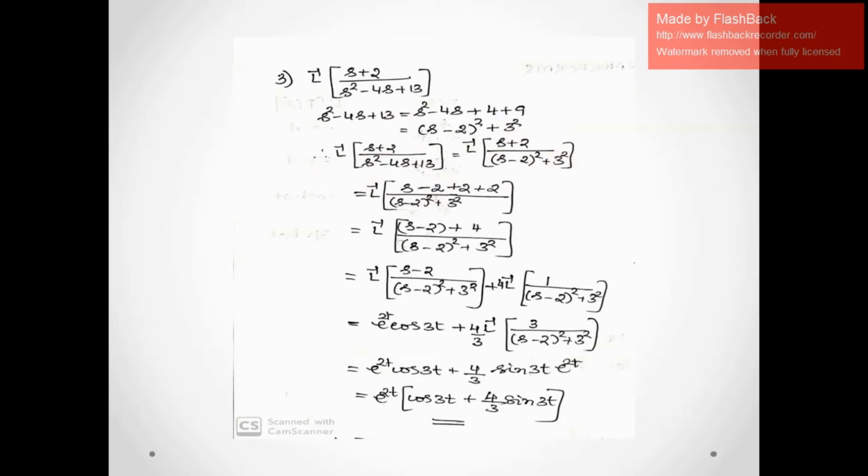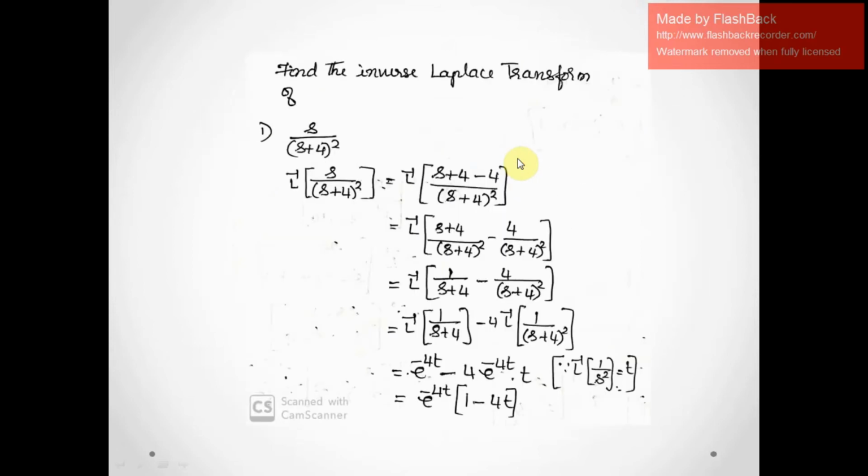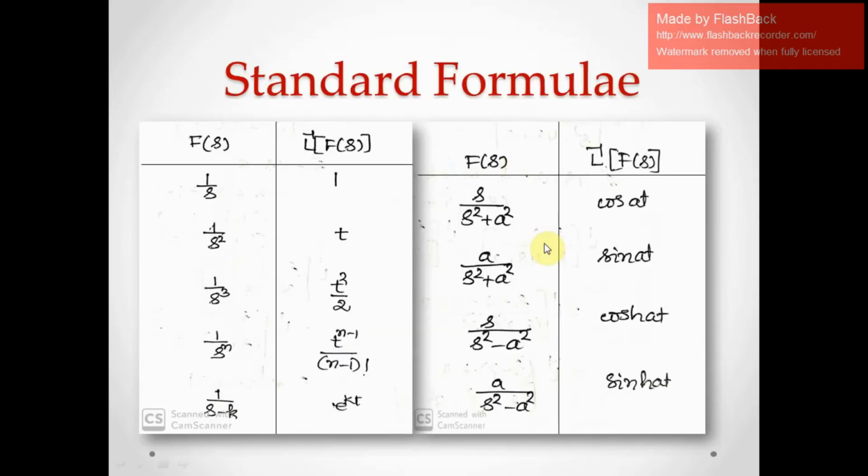This is of the form s by s square plus b square, except for this plus 2 and minus 2. So what shall we do now? We'll come back here. Probably we have a shifting sign. If there is a shifting, then it would be s plus 4, s minus 4, such kind of terms.